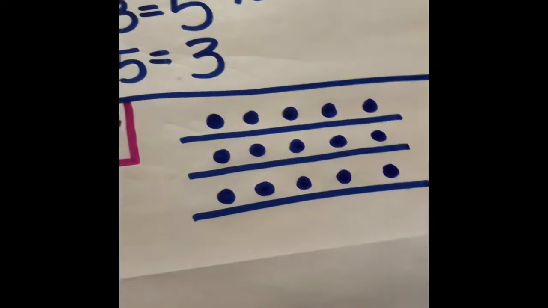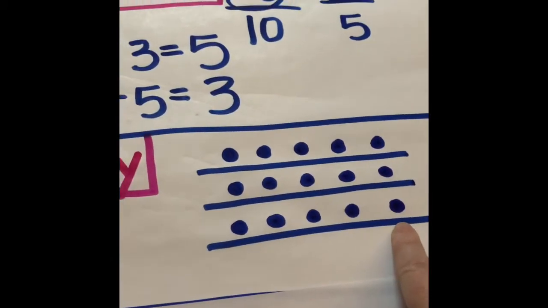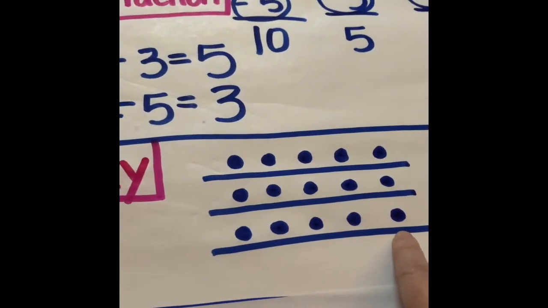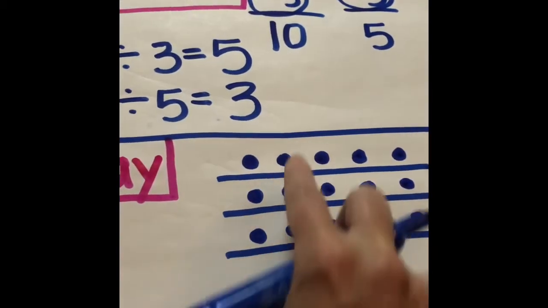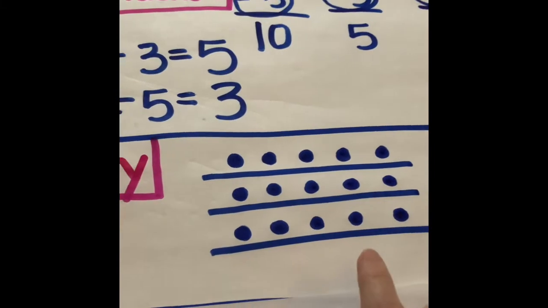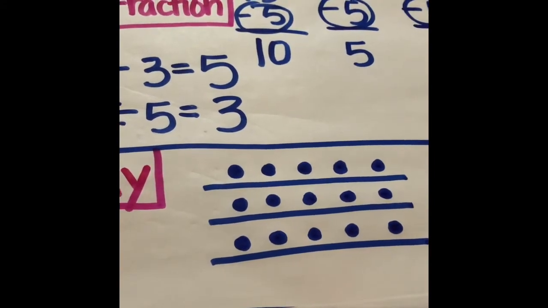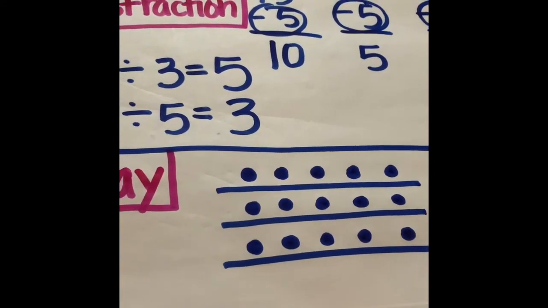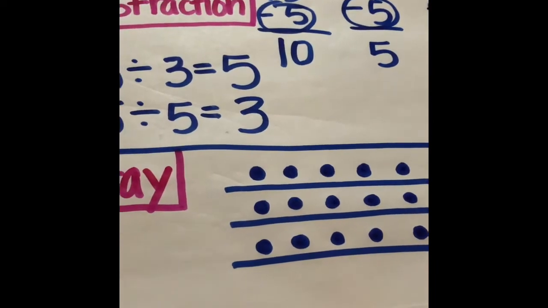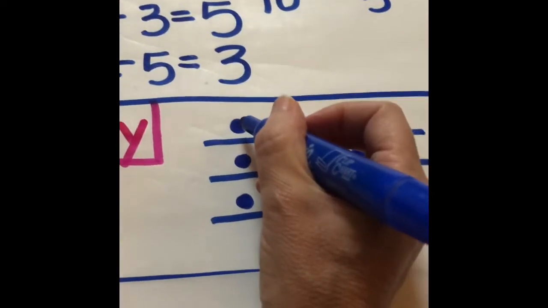So now I know I have to stop because I got to 15. Notice, boys and girls, that when I drew my circles, I tried to keep them nice and neat because the way I'm going to determine my answer, my quotient, is I'm then going to go ahead and draw those vertical lines through, and that's going to determine my answer.